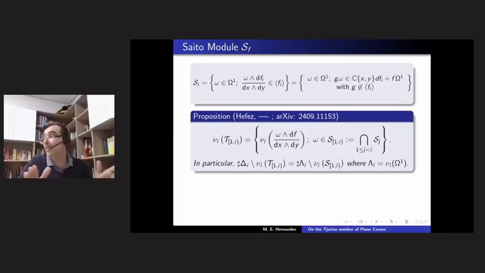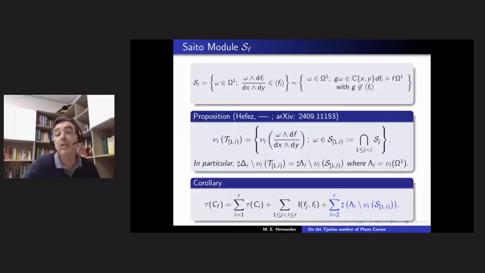We can extend the notion of the discrete valuation nu to the one-forms, and we can compute the value set, and here lambda i denotes this one. So in this way we can rewrite the formula for the Tjurina number using the differential forms in this way.